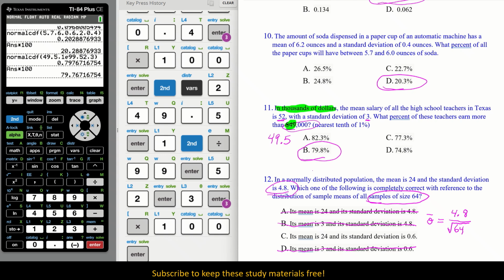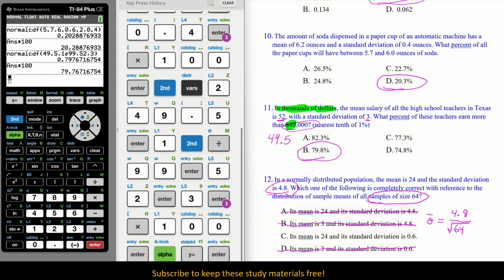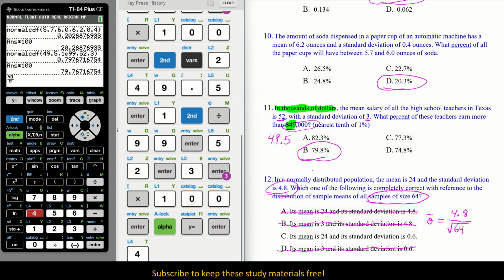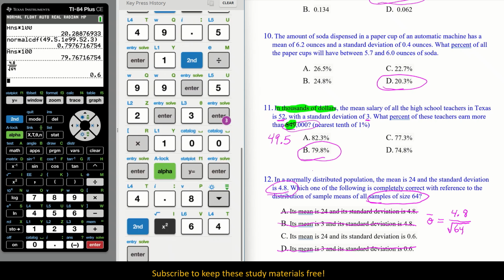We're trying to verify that C is the correct option. So alpha y equals enter, and then my population deviation, and then I go down and I have second square root 64. Now let's push enter, and there we go. C is verified.